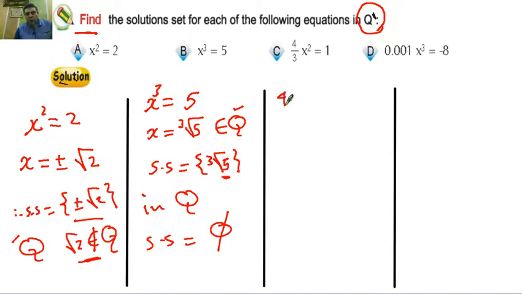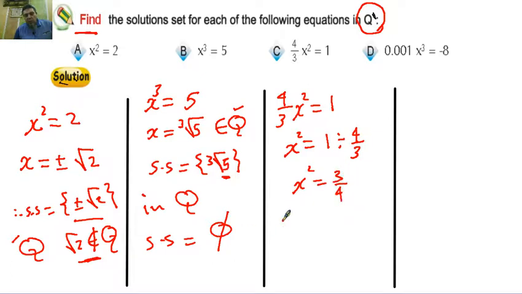Number 3, 4 over 3 x squared equals 1. By dividing by 4 over 3 on both sides, x squared equals 1 divided by 4 over 3, then x squared equals 3 over 4. By taking the square root, x equals positive or negative square root of 3 over square root of 4, which equals 2.